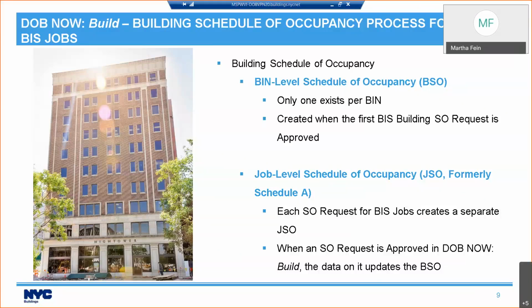The information on that job level schedule of occupancy does not move onto the bin level schedule of occupancy until the request is approved. Once DOB looks at your information and approves the request for a schedule of occupancy, that information will get put into the bin level schedule of occupancy.